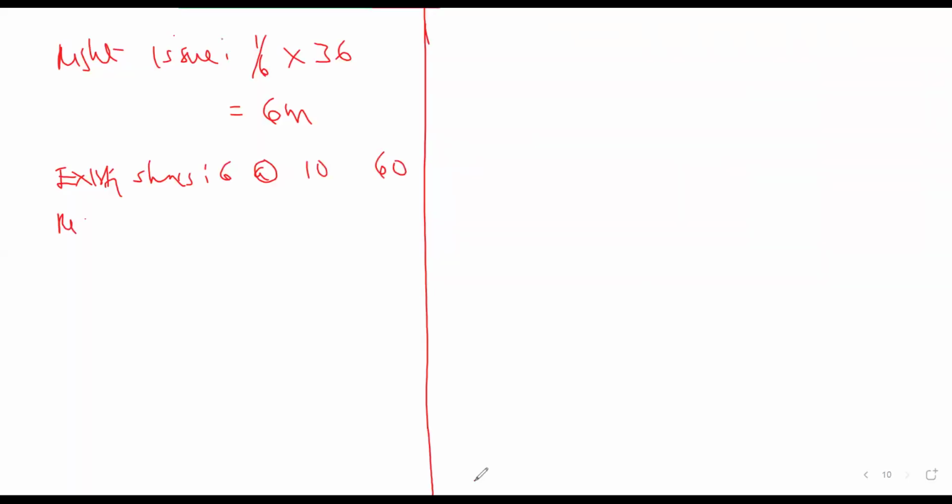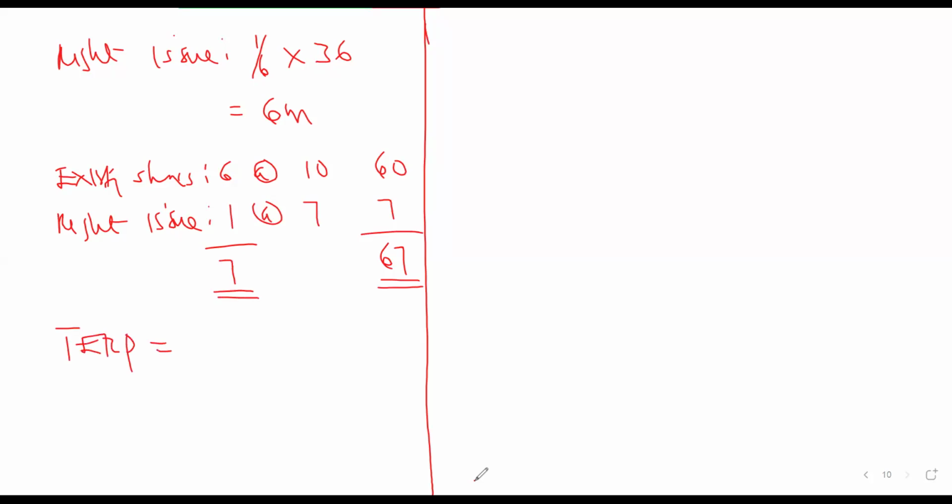Let's count to the right issue. We are taking one share at 7 cedi. So this will give us 7. So we'll be having 67 and 7. Our theoretical ex-rights price will give us 67/7. What are we having? 9.57.